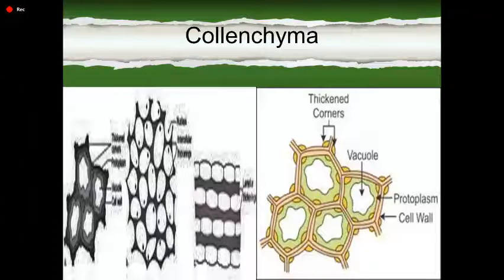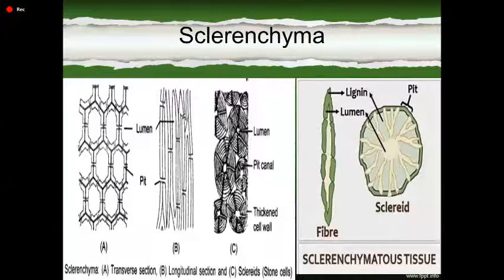The next slide shows you the sclerenchyma. Now the sclerenchyma are of two kinds, the sclereids and the fibers. The fibers were longitudinal, tapering at both the ends, whereas the sclereids had irregular shapes.